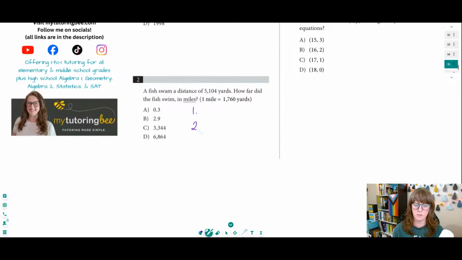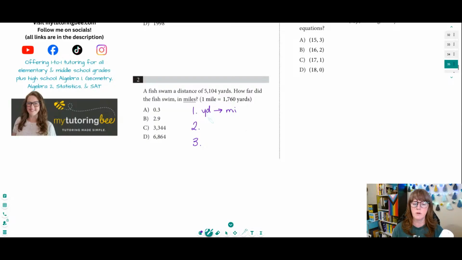I like to do this method where we're first figuring out, are we going from a larger unit of measurement to a smaller unit of measurement, or a smaller to a larger? This is a little strategy that I've used with a lot of my students to help them remember if we are going to multiply or divide our numbers. So, a yard is smaller than a mile, right? So we're going from yards to miles.